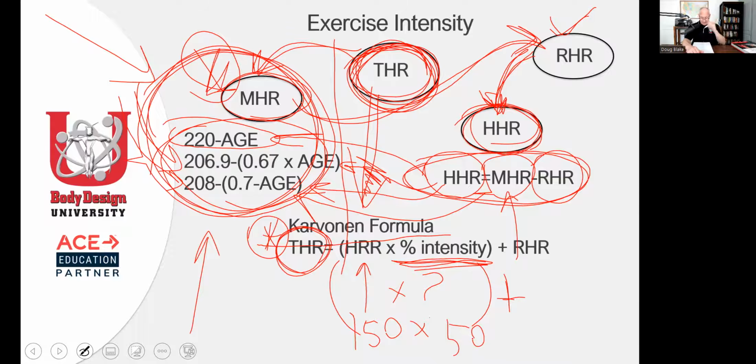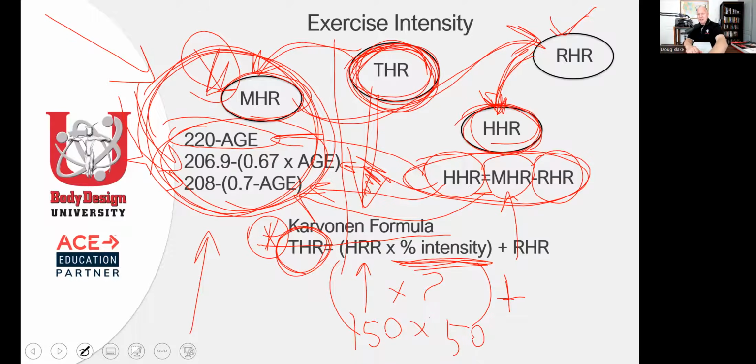And that's all this is saying, right? So 150 times 0.5. Does that make sense? 150 times 50% is 75.